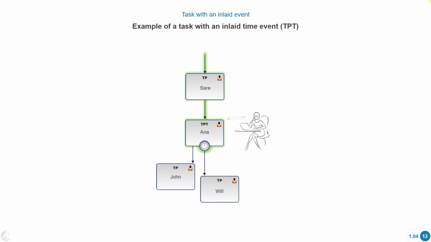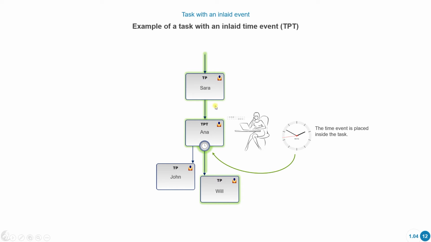So let's say she receives it today in her inbox, and she has to start working with it, but a certain moment in time arrives. If this moment in time arrives, and this has been defined inside of the inlaid activity that's been embedded in her task, then the flow is going to go through this outlet here. So it's going to activate a task for Will.